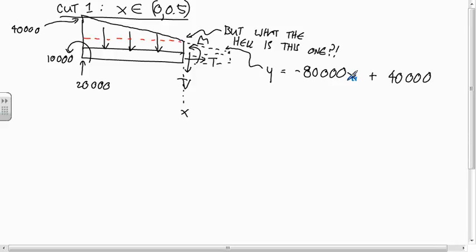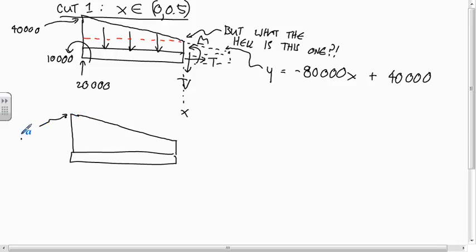So you could redraw this as, well, okay, so there's the beam. This point is 40,000. This point is minus 80,000 x plus 40,000.